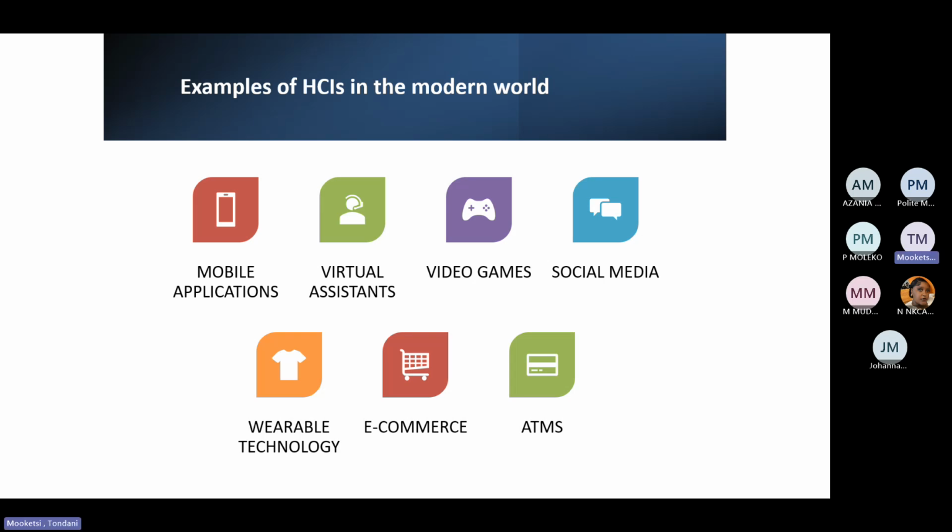Virtual assistants, we gave examples of Google Assistant and Siri. Then we also talked about video games. It's a form of HCI. Social media, it's also a form of HCI. We spoke a lot about Facebook, Instagram, TikTok, all of those.